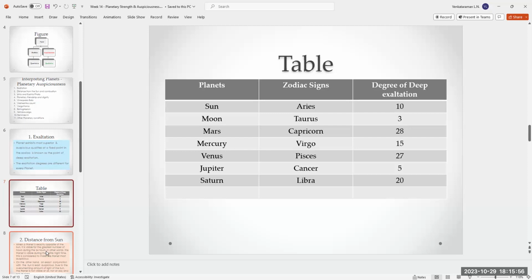Mercury in Virgo, excellent. Do you know the degree? No. Okay, that's okay. Anyone else? I think I have Moon in Taurus, which is also my Lagna.